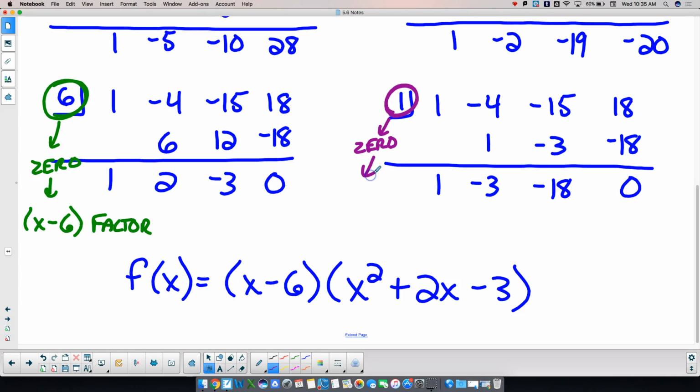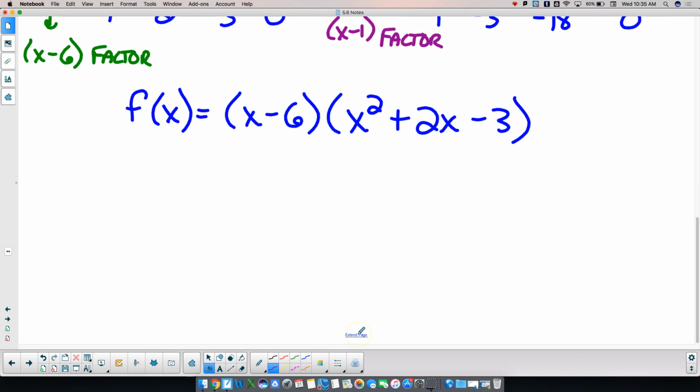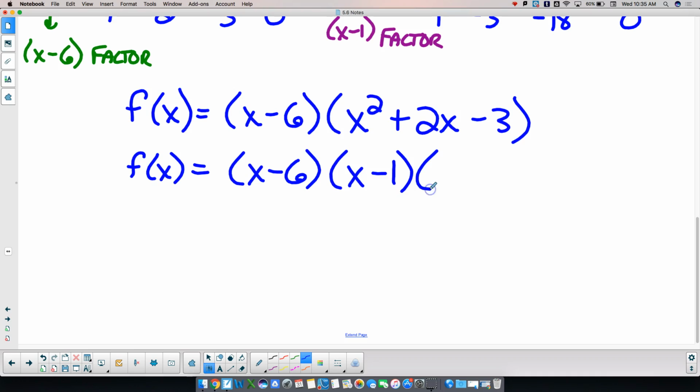So that means that x minus 1 is a factor. So this is going to factor to be x minus 6, and this has got to be x minus 1, and then I just got to figure out the other one, right?